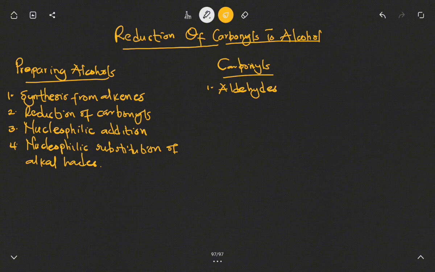Aldehydes have the R, which is the alkyl group, and a carbon doubly bonded to oxygen and hydrogen. And we also have ketones. Now the ketone is just like the aldehyde, but then we have another R group instead of the hydrogen.